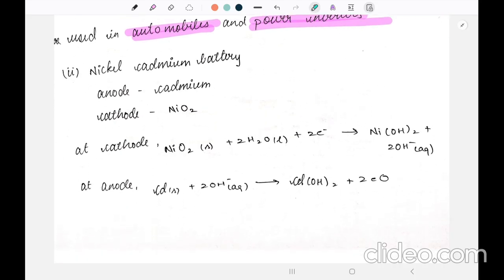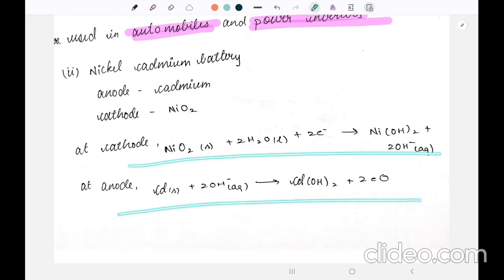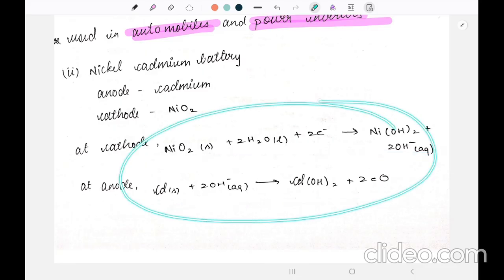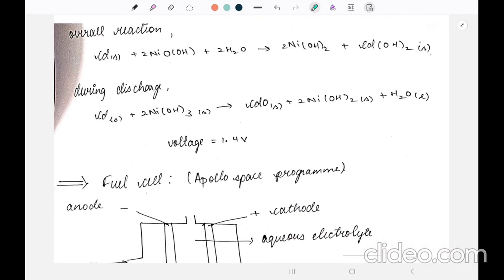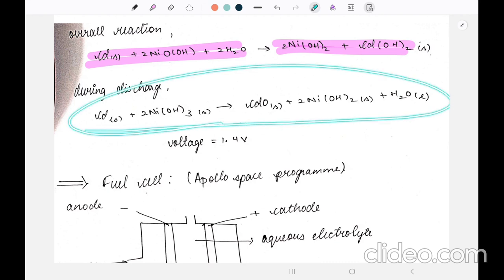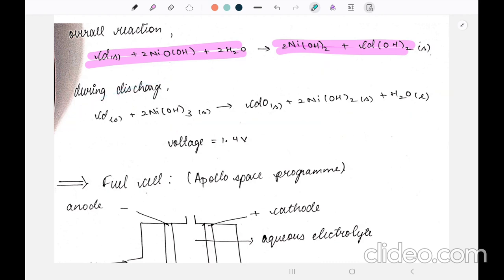So the reactions can be written as follows at the cathode and anode, and by adding these two reactions we get the overall reaction to be Cd plus 2 NiOOH plus 2H2O will give rise to 2 Ni(OH)2 plus Cd(OH)2. So when we are using the battery, then this reaction will follow and the voltage of the cell is 1.4 volts and it has longer life than the lead storage, but it is more expensive to manufacture.